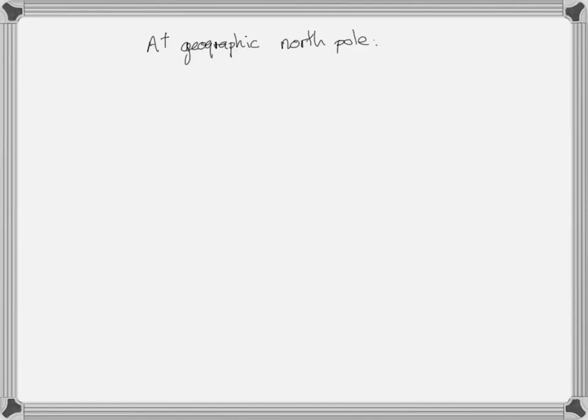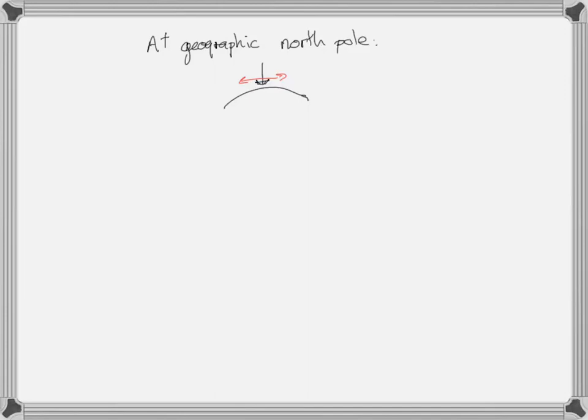So at the geographic North Pole, remember the field points down towards the ground, so the field points perpendicular to the north, south, east, west. What do you call that? The compass rose? And if the power lines are parallel to the ground, it doesn't matter which direction they run, they're always going to be perpendicular to the field.